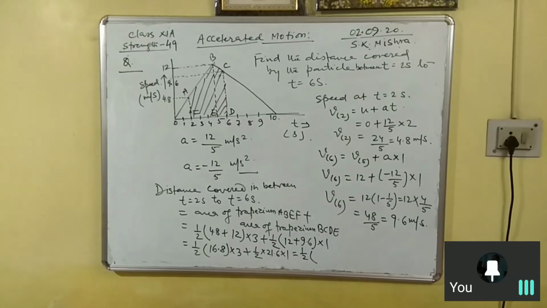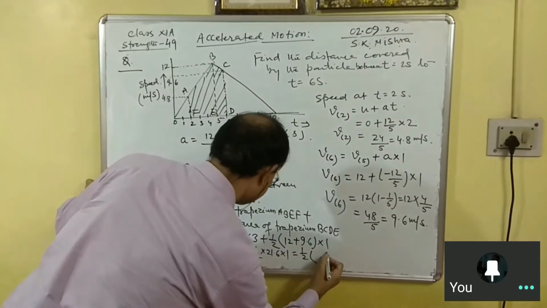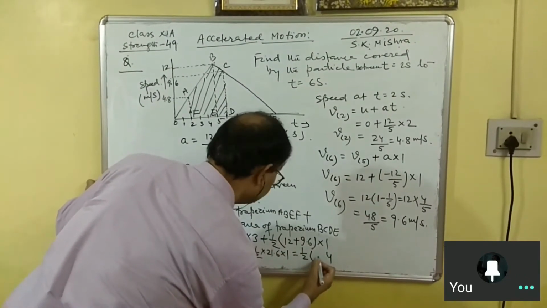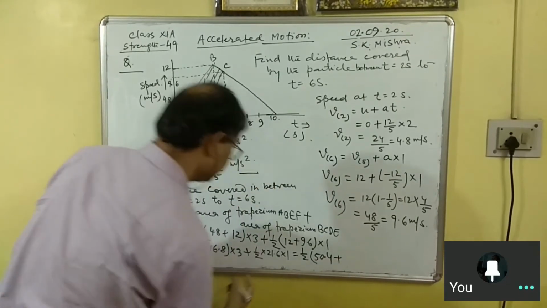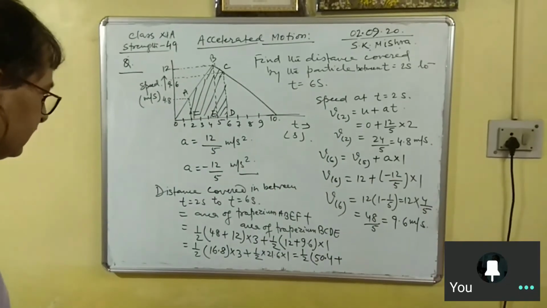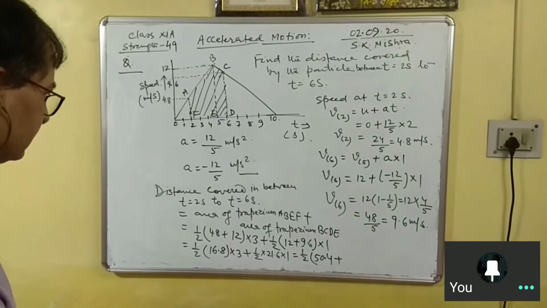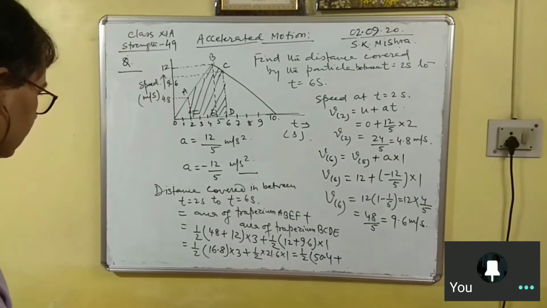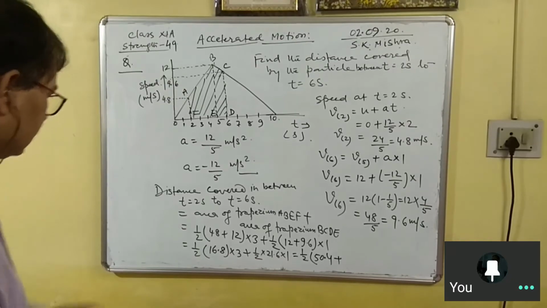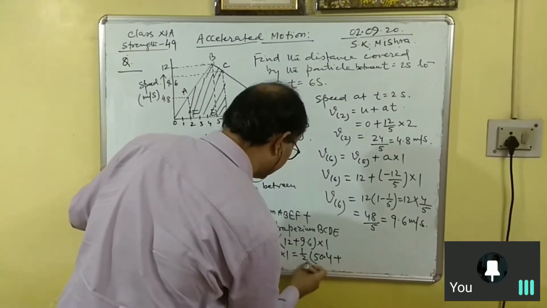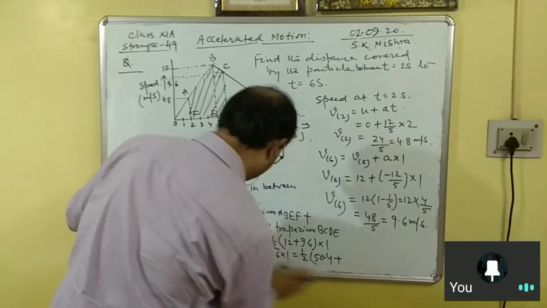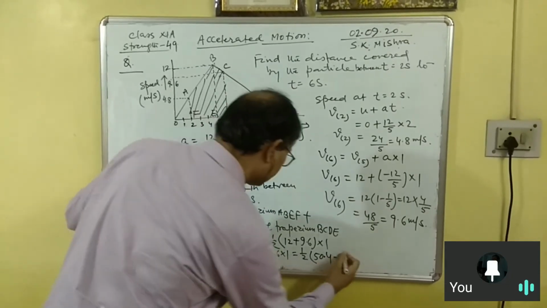Yeah, tell me. 50.4 plus, okay, you are telling after dividing it by 2. Now I am adding first. So this is 21.6.